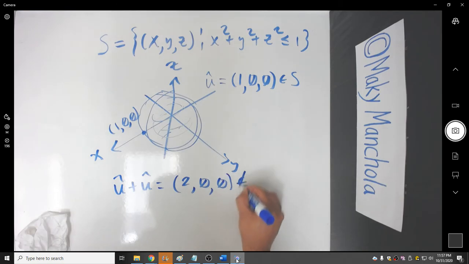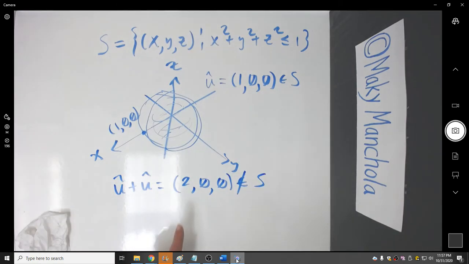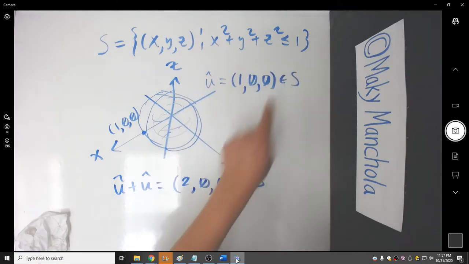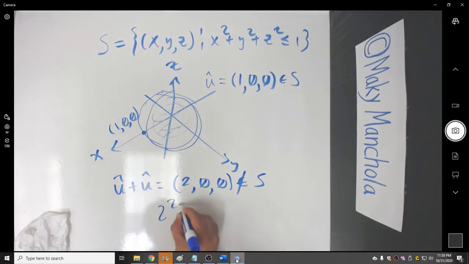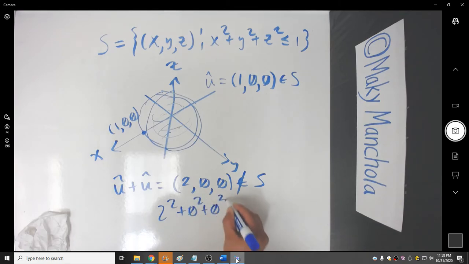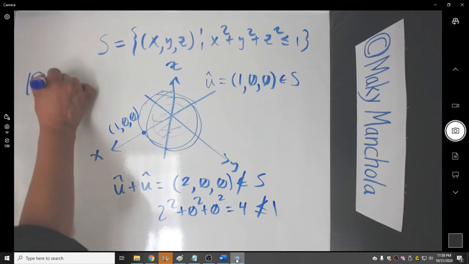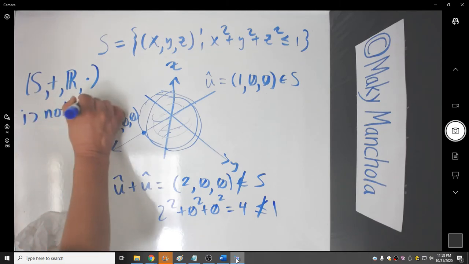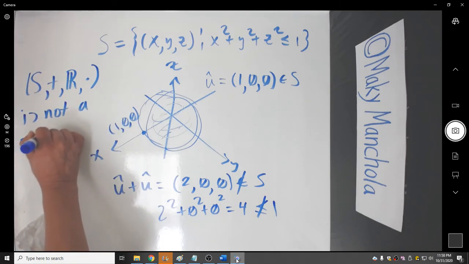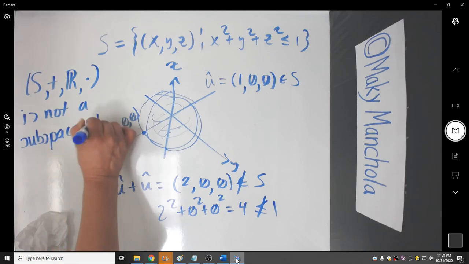Sorry, that does not belong to S because it doesn't satisfy the condition of being in S. If you take 2 squared plus 0 squared plus 0 squared, that equals 4, which is not less than or equal to 1. Okay, so we conclude that the structure S is not a subspace of R3.